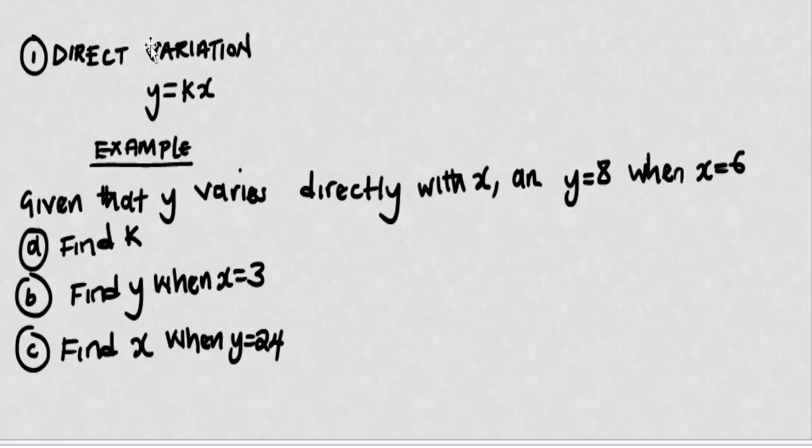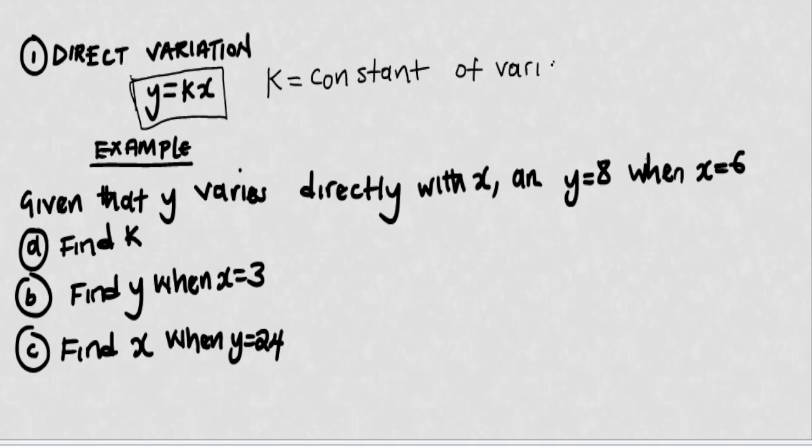So it has a general equation which is y is equal to kx, where y and x are the variables, then k is called the constant of variation. So that is our k.